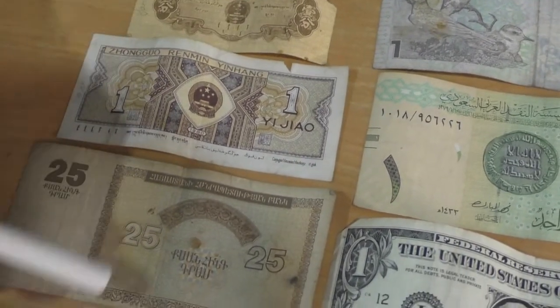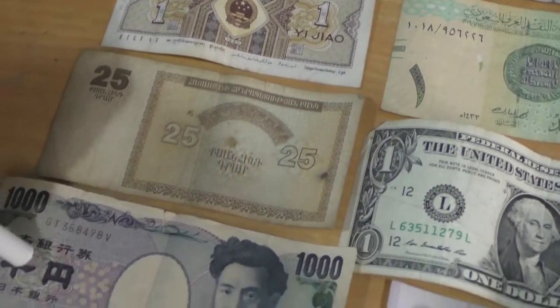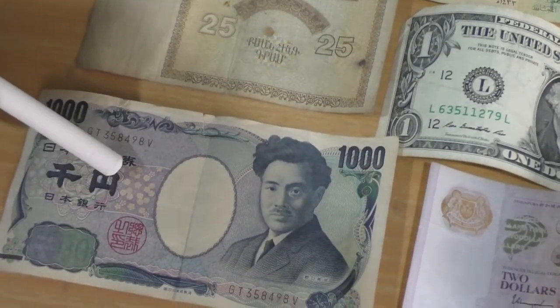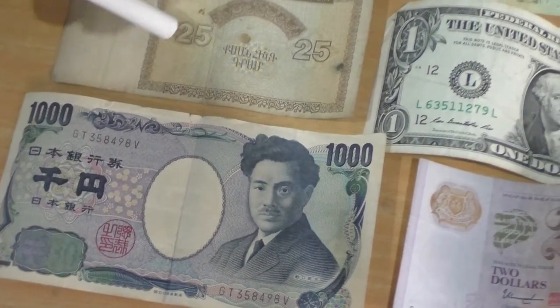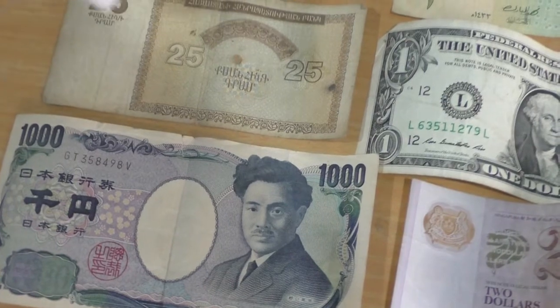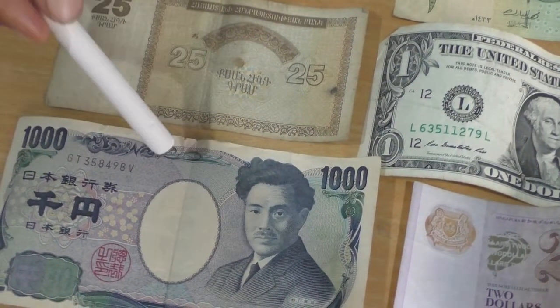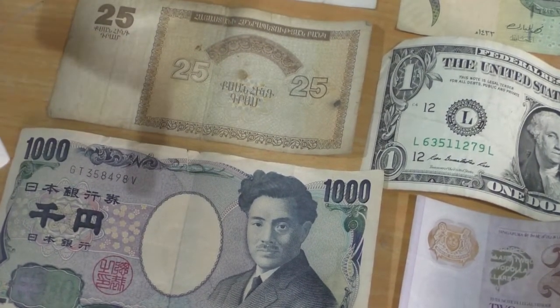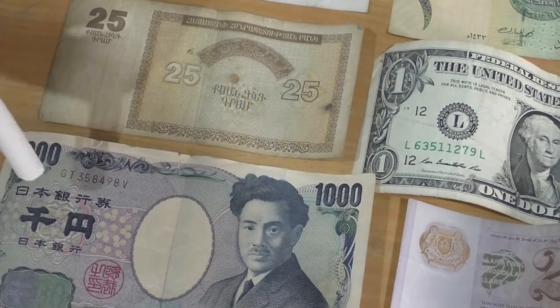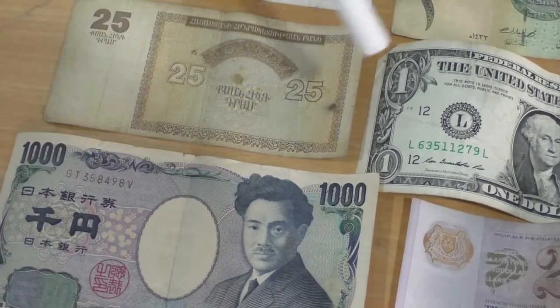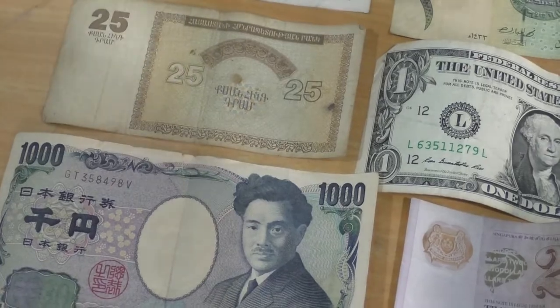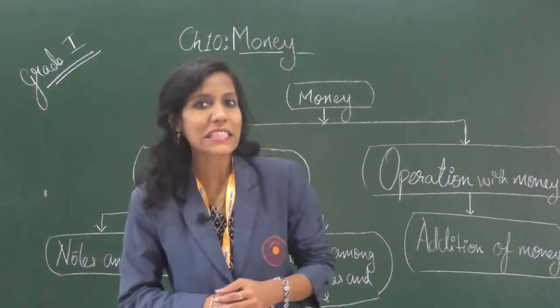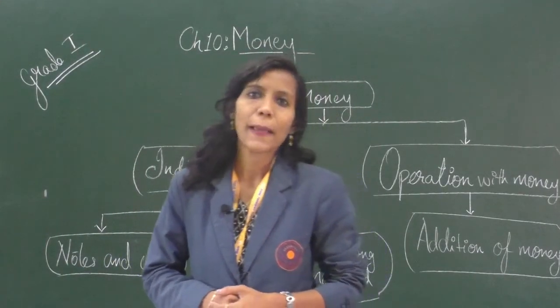You can see the different varieties of notes. The currency changes from country to country. So here we saw different kinds of currencies and notes which belong to our country India as well as other countries abroad. So many varieties we saw, didn't we?